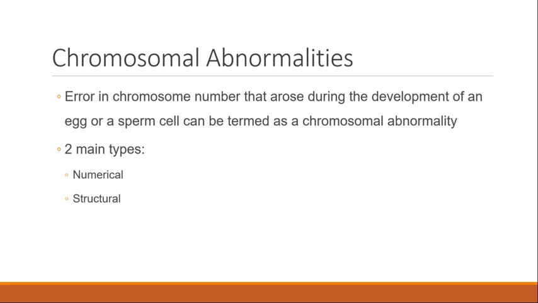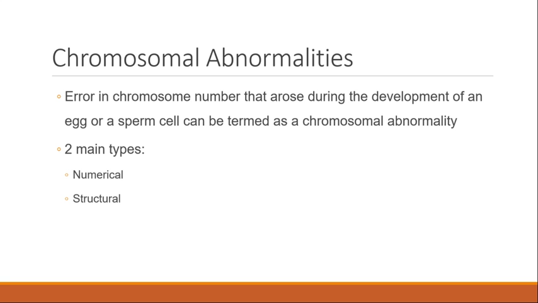There are different terms used for it. Unlike other cells, the sperm and egg cells have only 23 unpaired chromosomes. When they unite during fertilization, they result in a fertilized egg with 46 chromosomes. But if there is any error during the cell division process itself, it results in an embryo with a chromosomal abnormality.